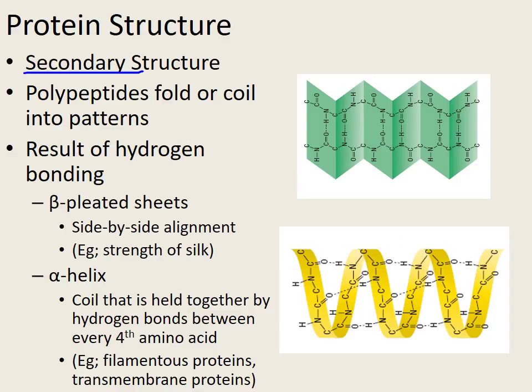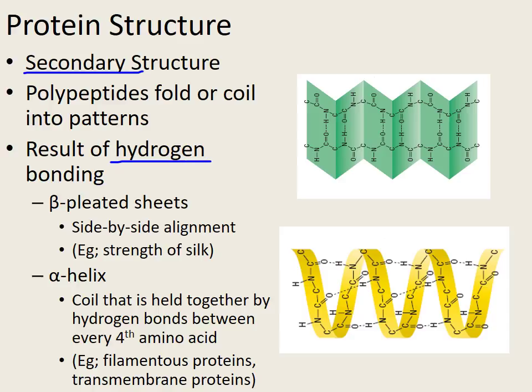The secondary structure is a little bit different. The difference between a primary and a secondary structure is the interaction of these R groups. The interaction of these R groups will allow this protein to fold and form a different shape.